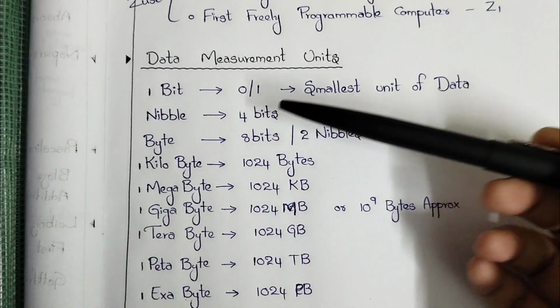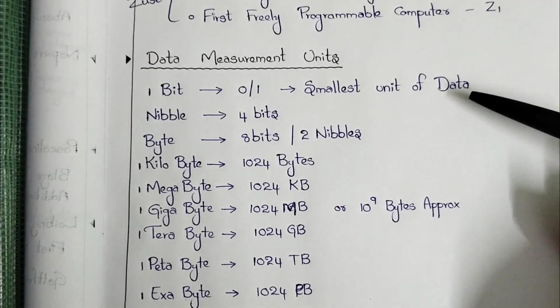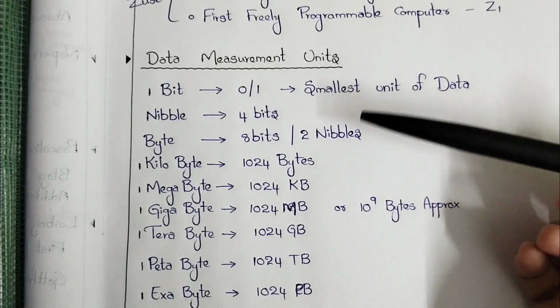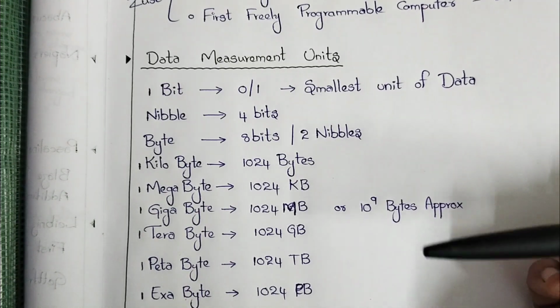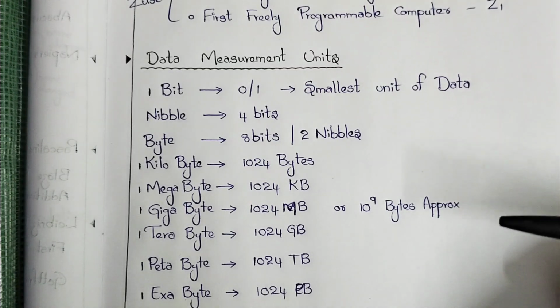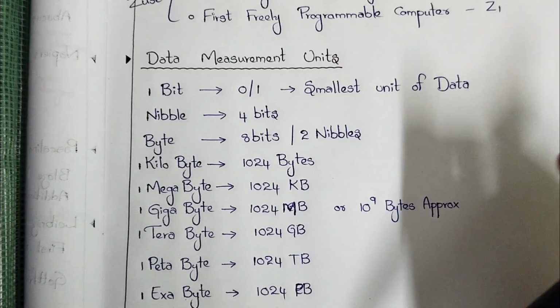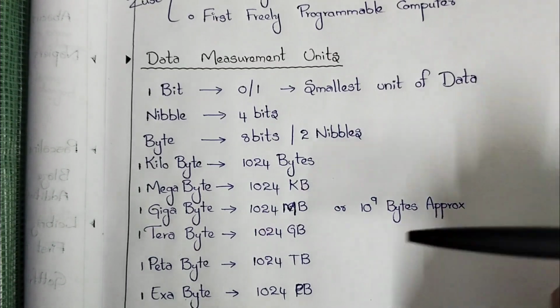So 1 bit is the smallest unit of data, either 0 or 1. Remember this: in a computer we store the data in the form of zeros and ones. Each bit, either that 0 or that 1, is called a bit.